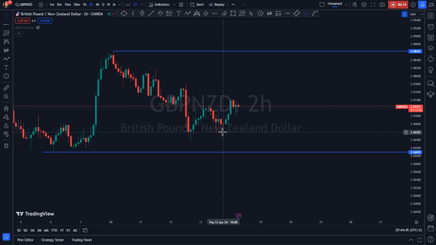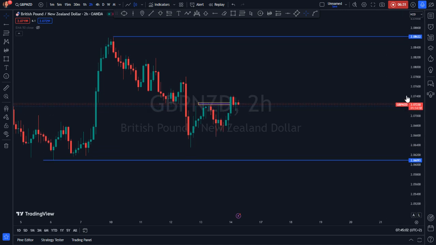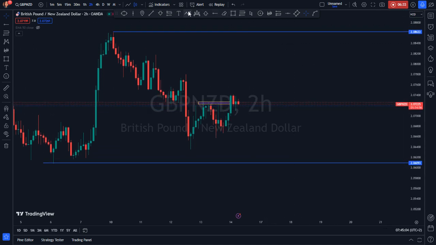It was supposed to go all the way down to create a new lower low, but it failed to break below this point, and then it went all the way to close above this point right here. So it makes me think there is a high possibility the market can slightly pull down, and then from there it is going to shoot all the way up.